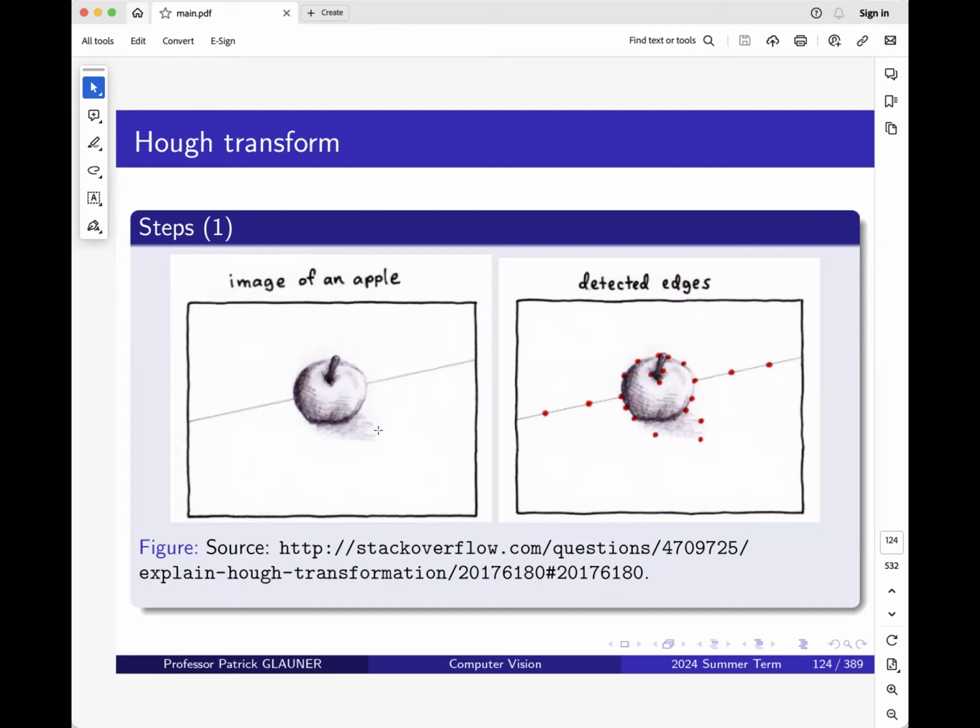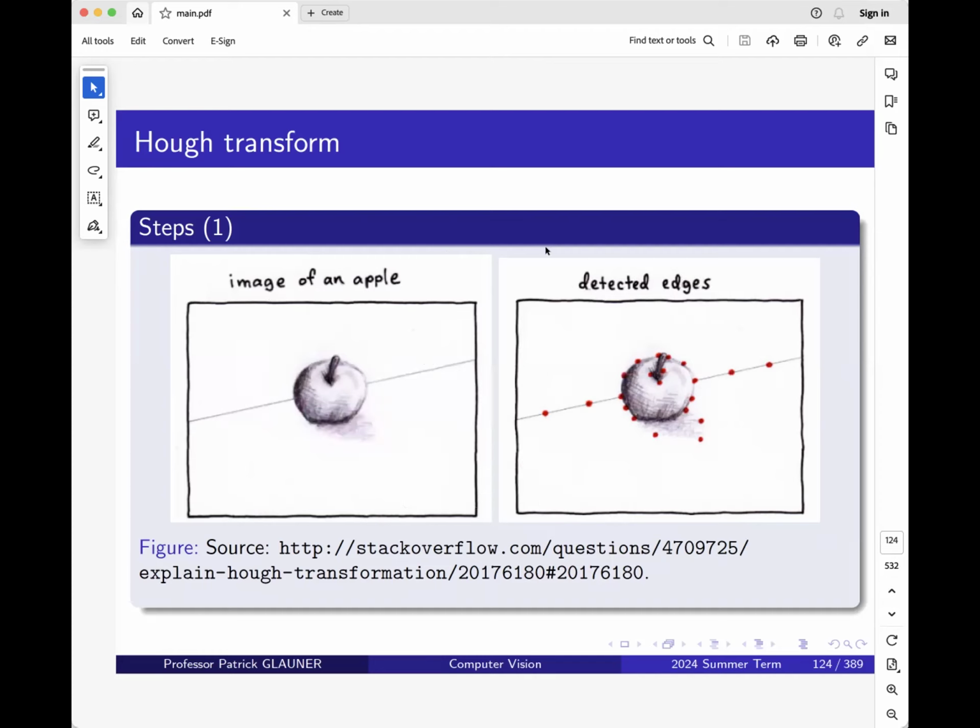My image looks like this. I have an apple, and this apple is probably on the floor, and behind there's the wall. So we have this straight line here, which is just the edge between the floor and the wall. And I have this apple here, and there's also some shade of the apple.